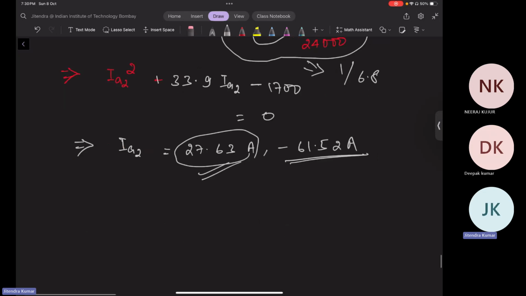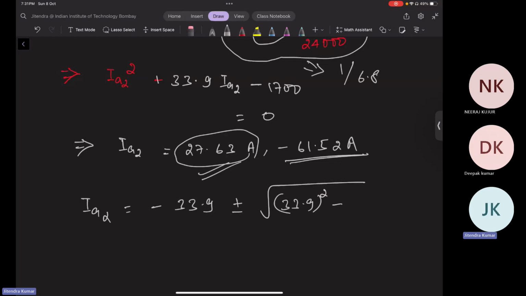See, to get the complex form, your component must be negative. So let me solve it the conventional way. Ia2 is equal to minus b, 33.9, plus minus 33.9 square minus 4 into 1700. If this 33.9 square is higher than that value, then you will get the complex number.